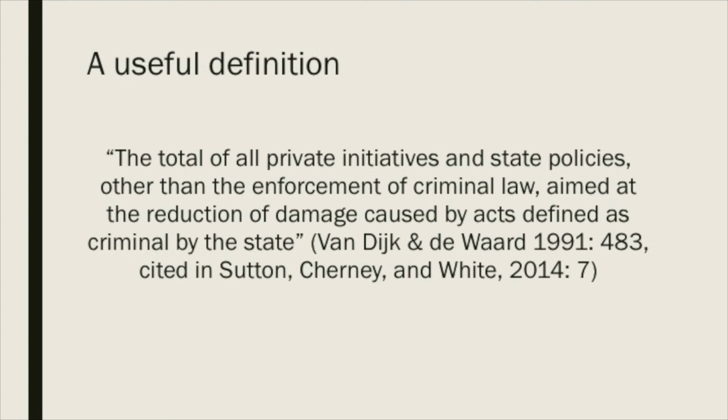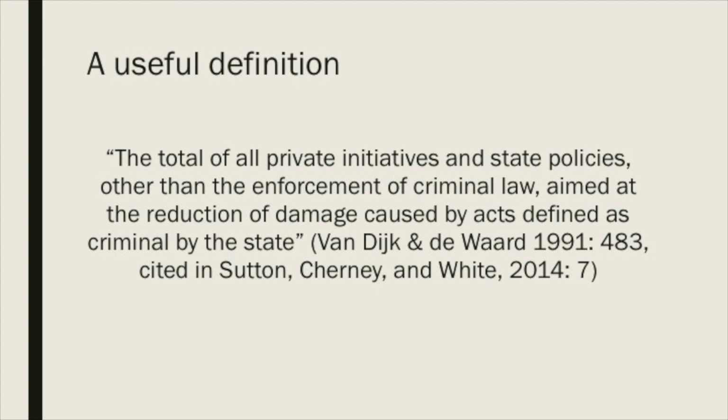This week's reading tentatively suggests a useful definition of crime prevention. So, this is probably what you've all been waiting for, sitting through this first lecture. Now, it needs to be stated that this isn't the only possible definition, but in the view of the authors of this week's reading, this does become a useful definition for understanding the different theories and thinking behind different forms of crime prevention.